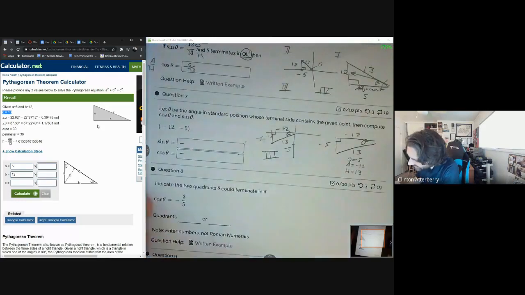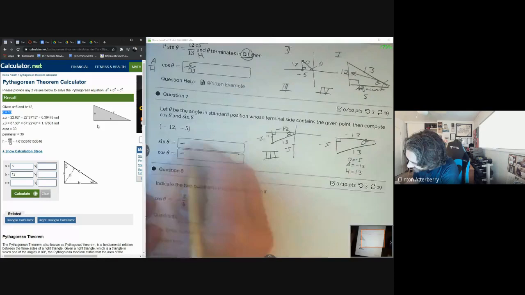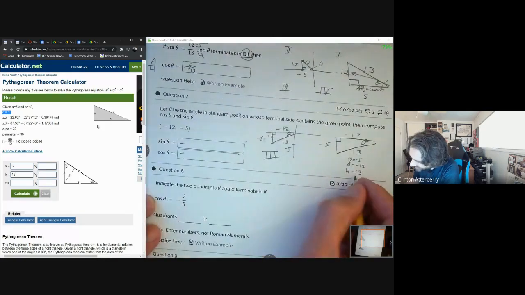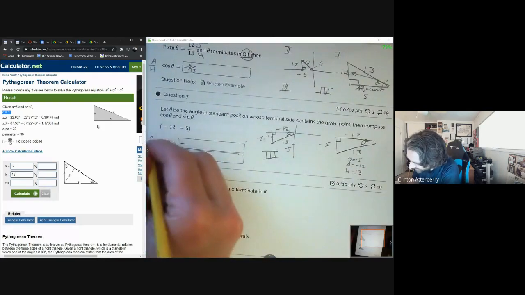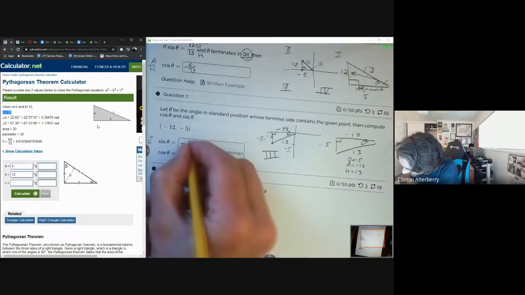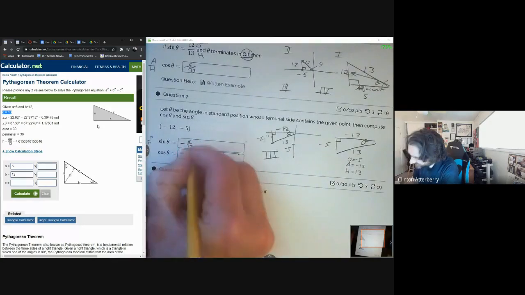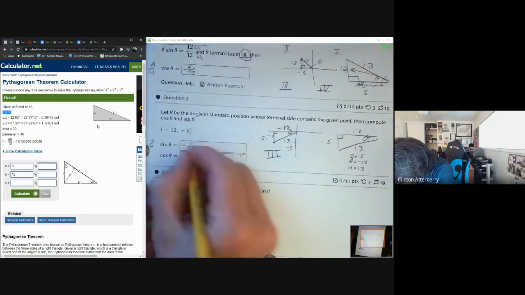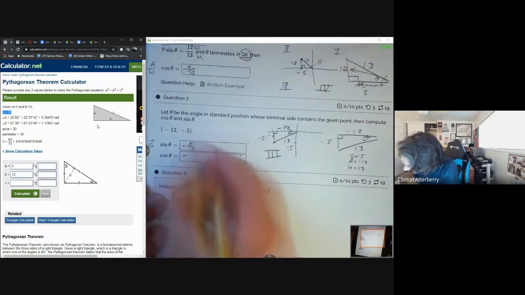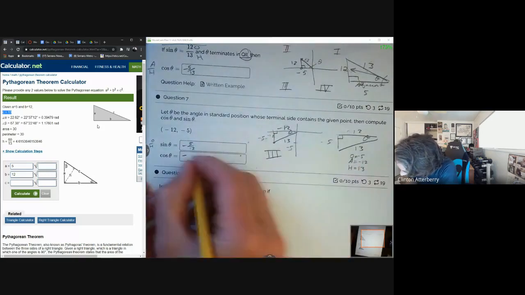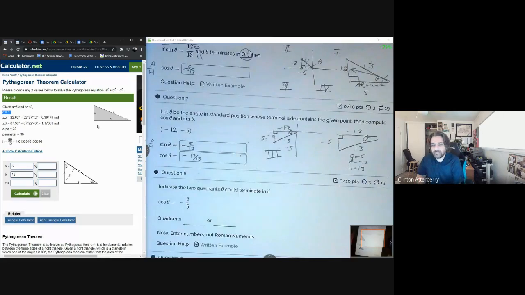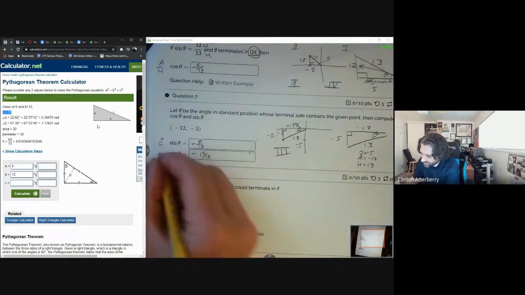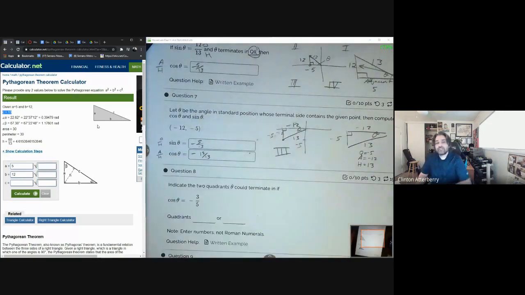Sine theta would be negative 5 over 13, because remember, sine is opposite divided by hypotenuse, so negative 5 over 13. And the cosine would be negative 12 over 13, because that is the adjacent divided by hypotenuse.